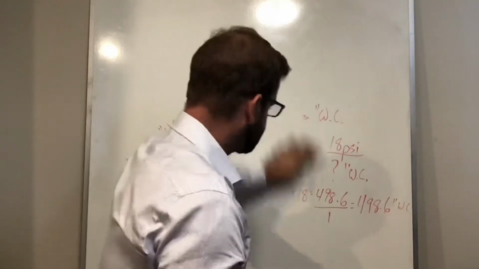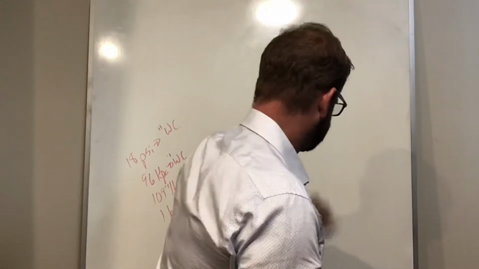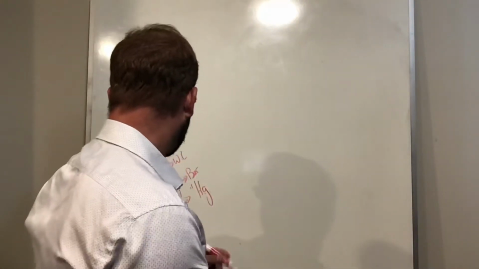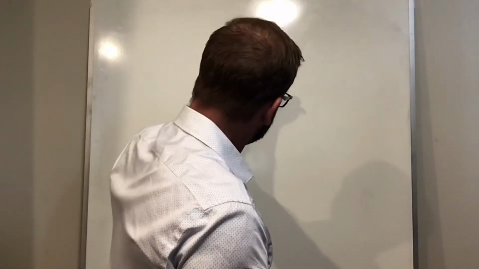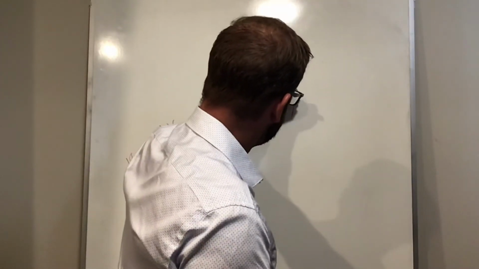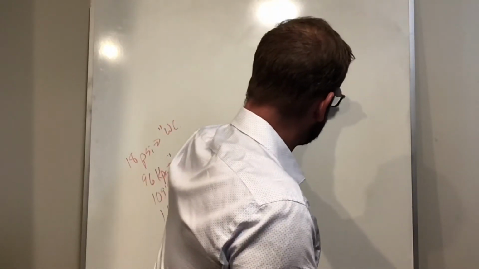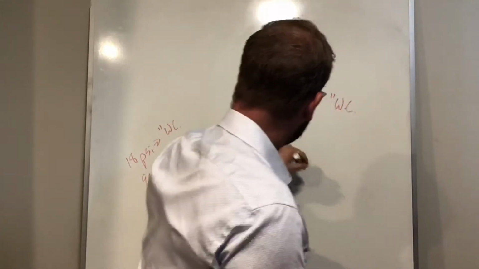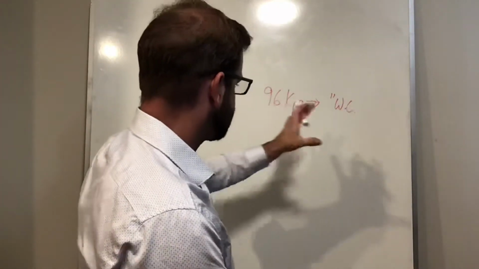All right, next one. Next one we have 96 kPa to inches of water column. And we can do the direct crossover.